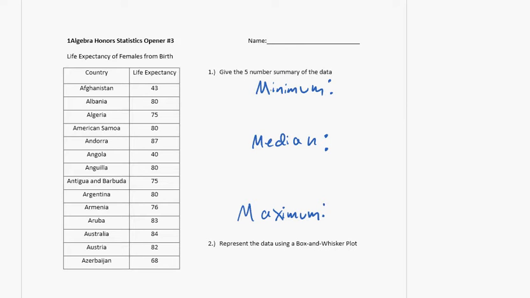Now, in between the minimum and the median, halfway in between the lowest and the middlest, we have what we call the first quartile, and we usually just write that as Q1.